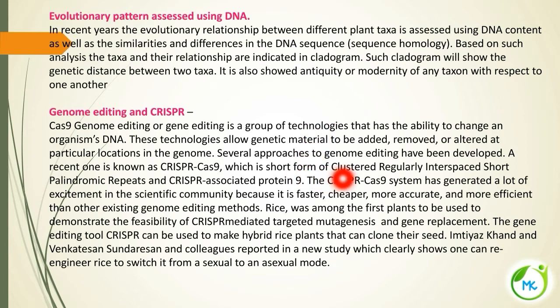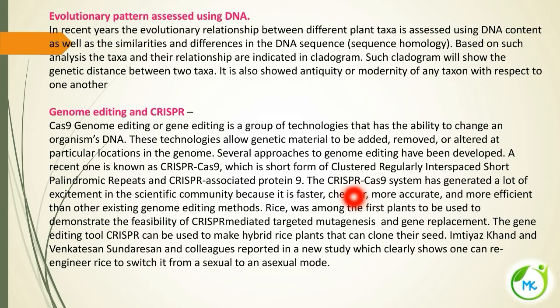It stands for clustered regularly interspaced short palindromic repeat and CRISPR associated protein 9. This system is very useful because it is a faster, cheaper, more accurate and more efficient method.